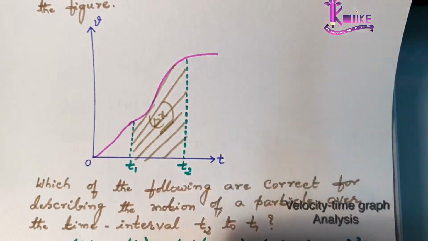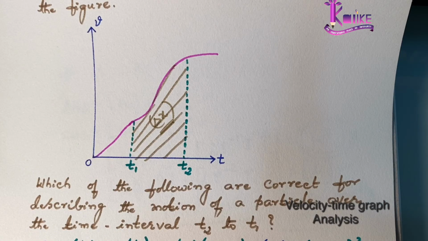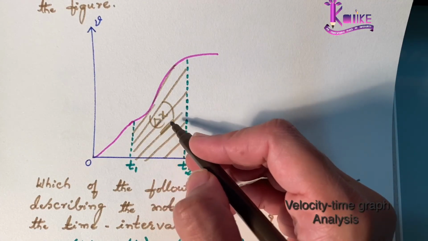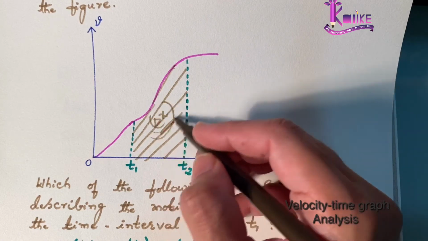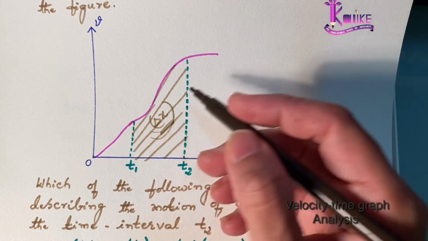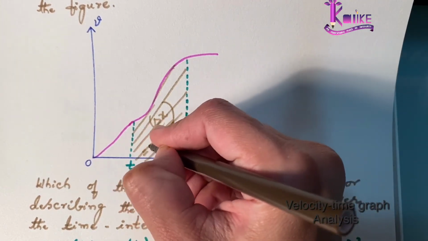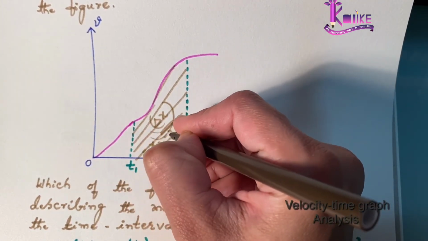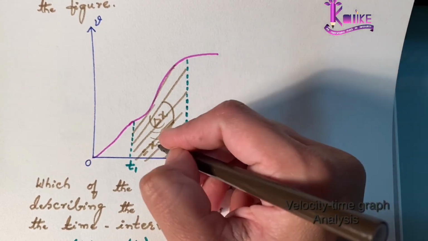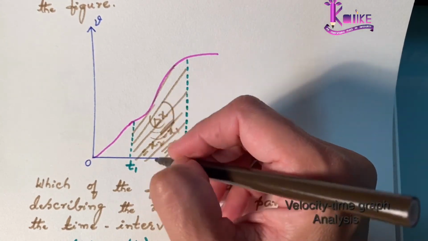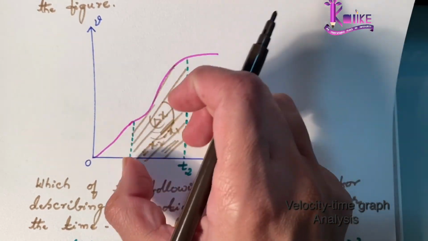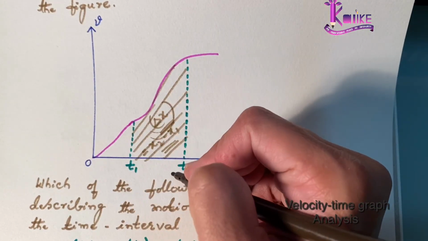So we know the area under a VT graph does give you the displacement. So it is x of x2, which is nothing but x2 minus x1. So you can find out this by finding out the area under the curve that is bounded by these two dotted lines.